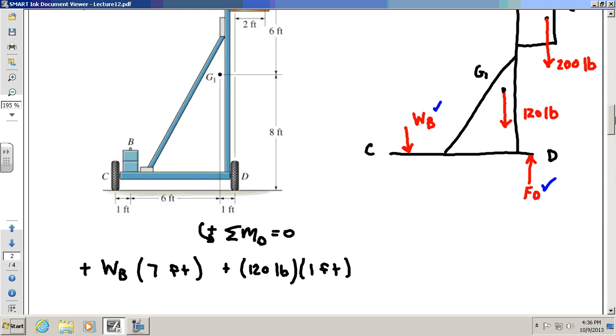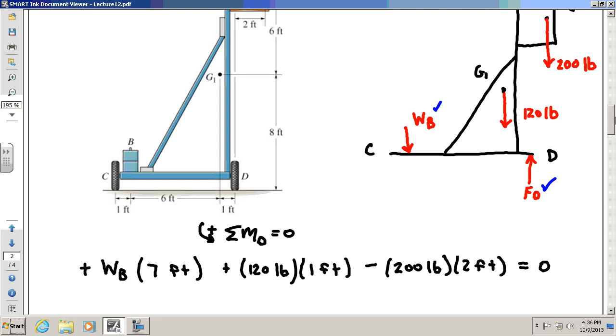And then finally, you've got the 200-pound force of the guy. The perpendicular distance between that and D is 2 feet, clearly in the picture. And the guy has a negative moment about D because it's going clockwise around D. His weight force of 200 pounds.